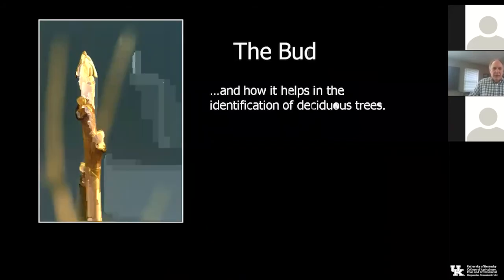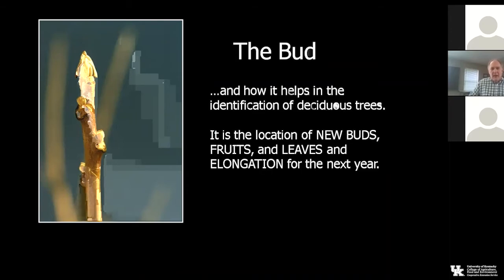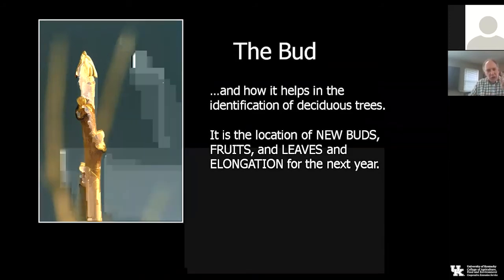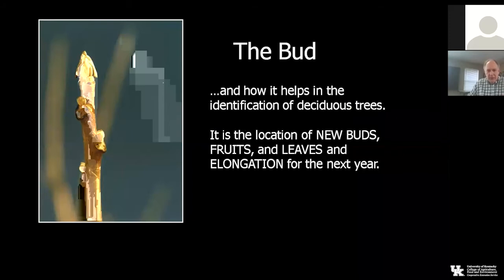And here's the bud again. What it's going to do is help us in the identification of these deciduous trees. And what is the bud? It is the location of next year's new buds, location of fruit, location of leaves, and elongation for next year.